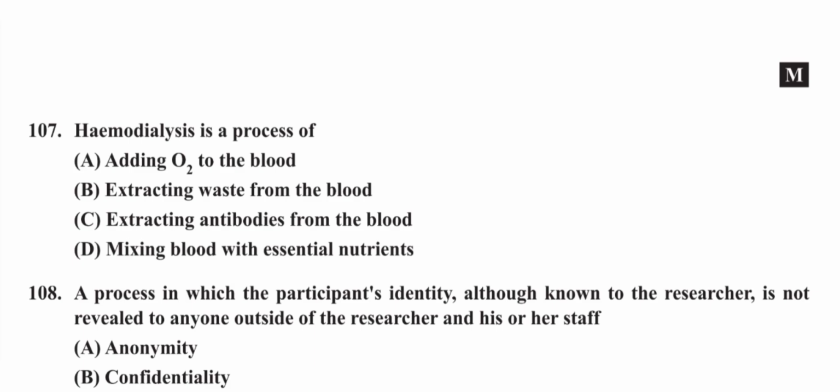Next question: hemodialysis is a process of adding O2 to the blood, extracting waste from the blood, extracting antibody from the blood, or mixing blood with essential nutrient. So answer is B, extracting waste from the blood.